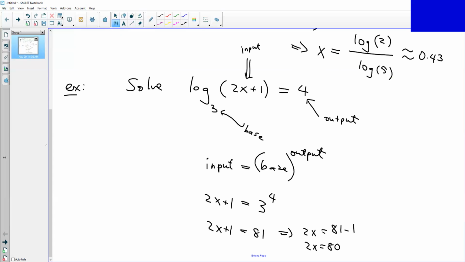Then I'll divide both sides by 2, so x equals 80 divided by 2, which is 40. So x equals 40. Does this make sense? Okay, perfect.